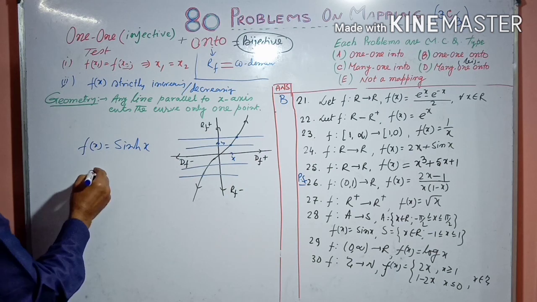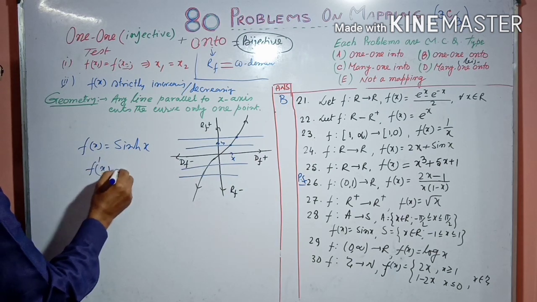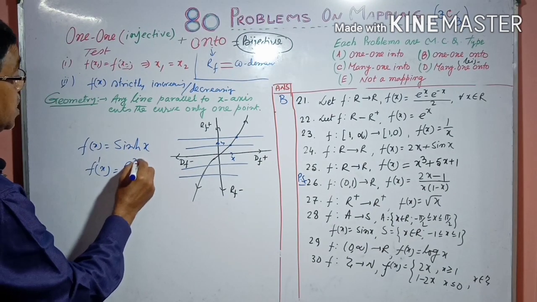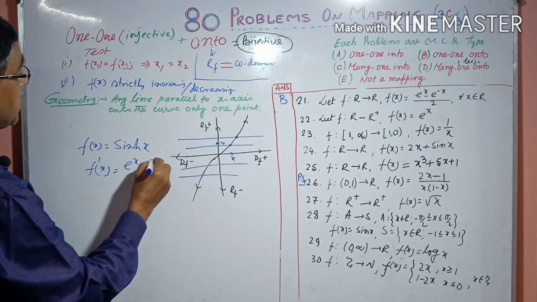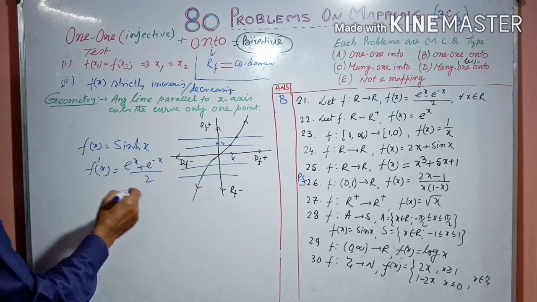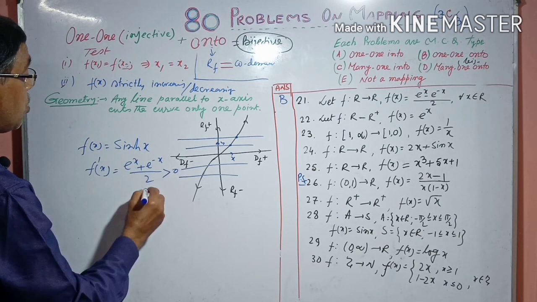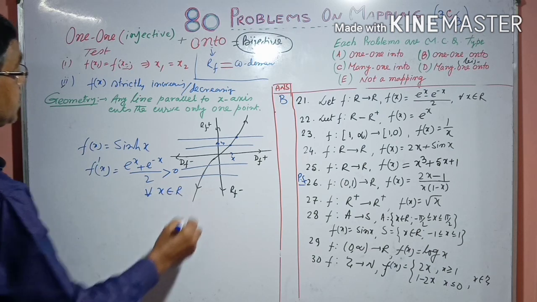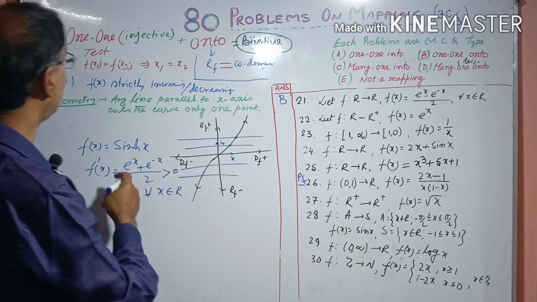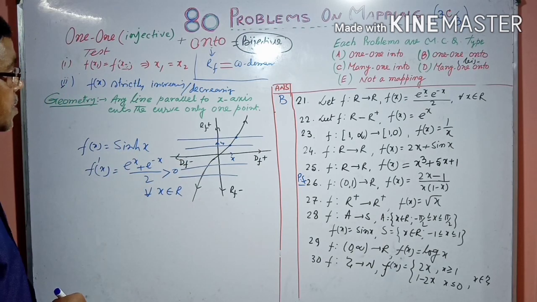Or otherwise f dash x, if we differentiate the function f(x), is (e to the power x plus e to the power minus x) by 2, that is cosh x. It is greater than 0 for all x belonging to R. Therefore, it is an increasing function, so it is one-one. This is the condition of a one-one function.